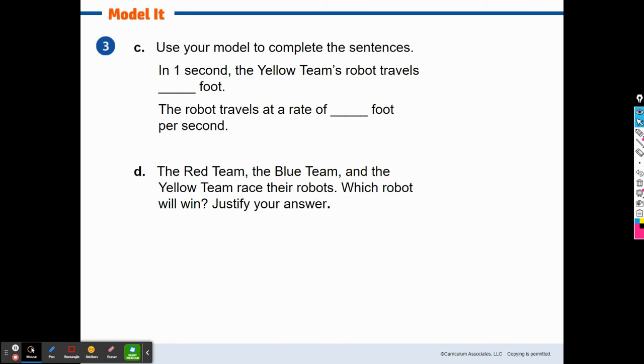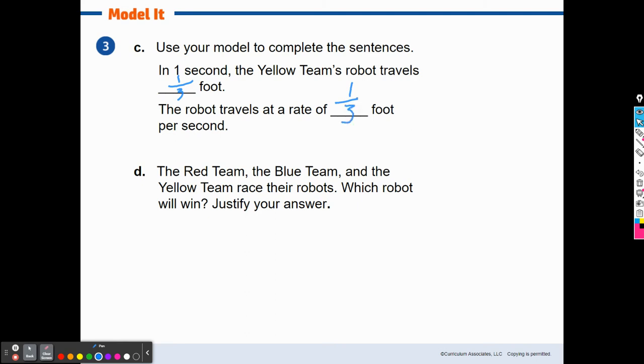Use your model to complete the sentences. In 1 second, the yellow team's robot travels, we just said it, right? 1/3 of a foot. The robot travels at a rate of 1/3 foot per second.